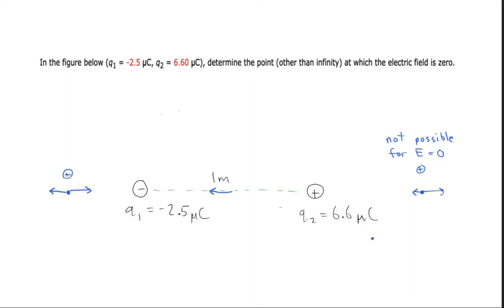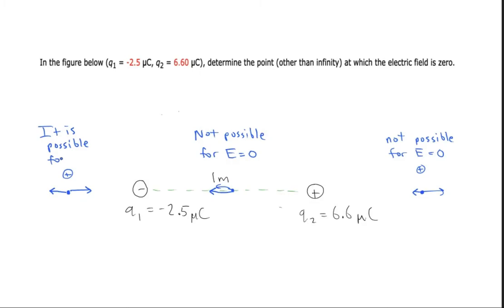The reason why is you're going to be strongly repelled by the positive charge because of its big size and it's closer to you than the negative. So here, it's not possible for E to equal zero. Only on this left side of the negative is it possible, if that makes sense.